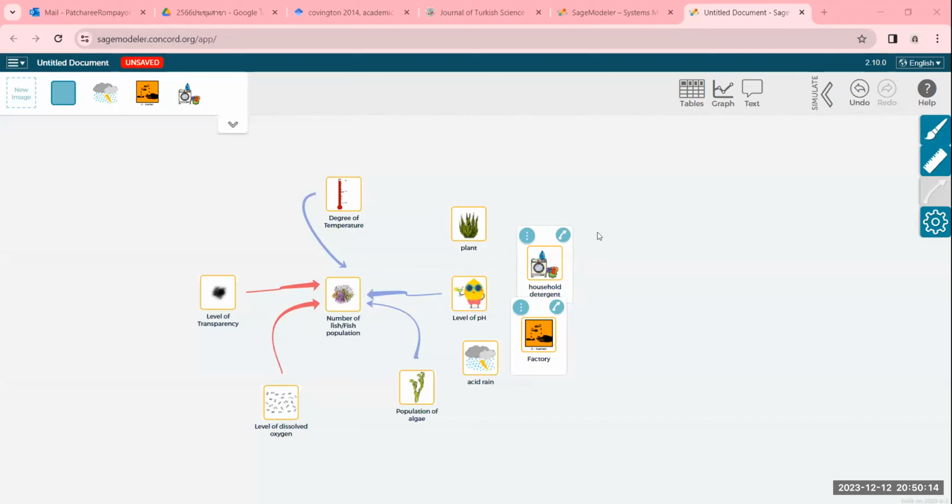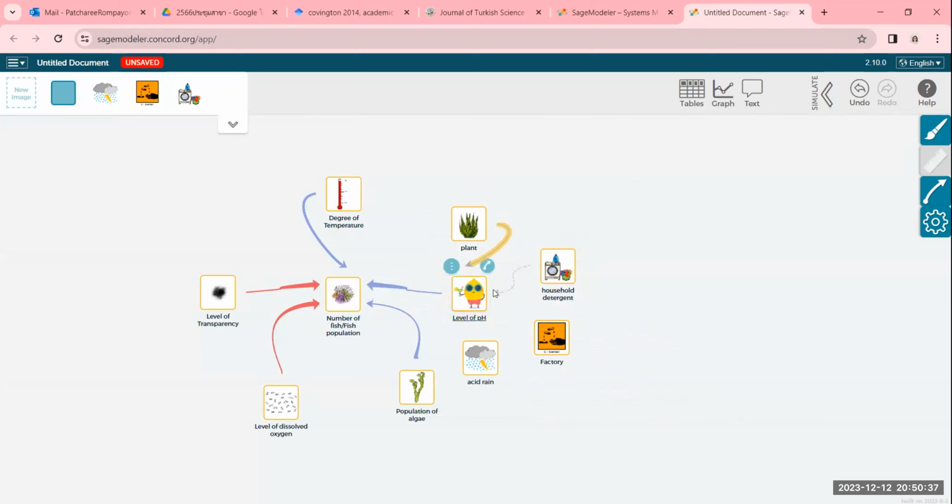Okay, so this is our result of discussion. So we put the variables first: degree of temperature, and then level of transparency, which is related to turbidity, level of dissolved oxygen, population of algae, which means the conductivity, and then level of pH.